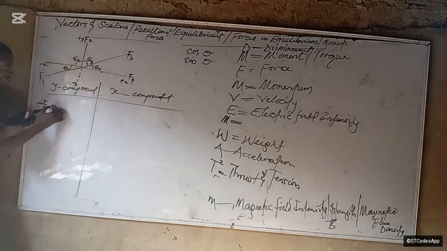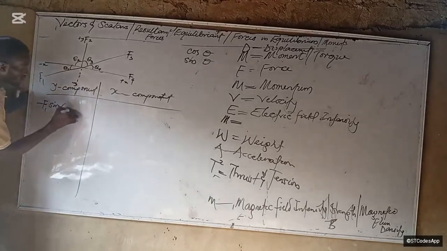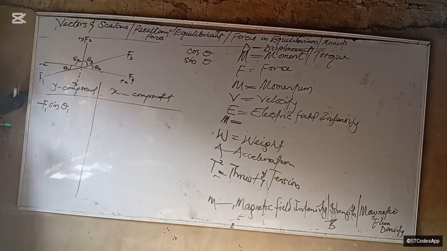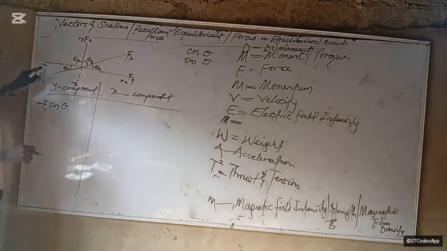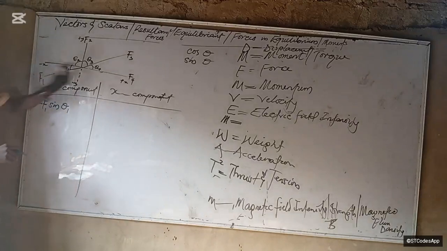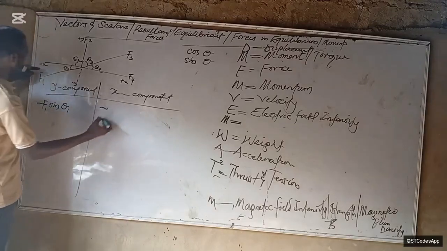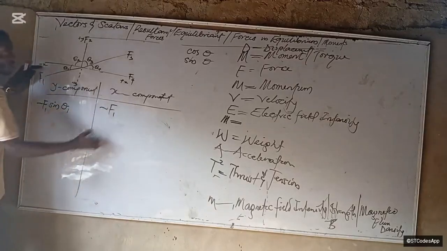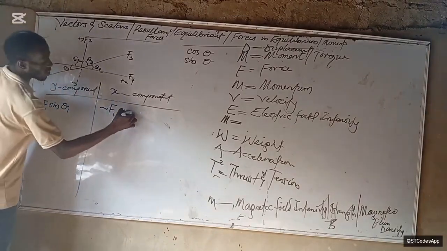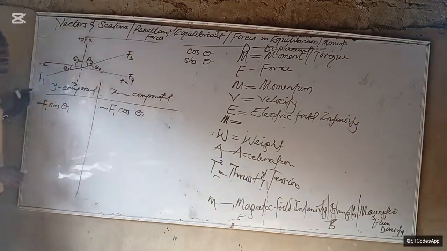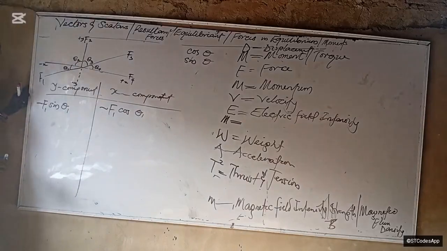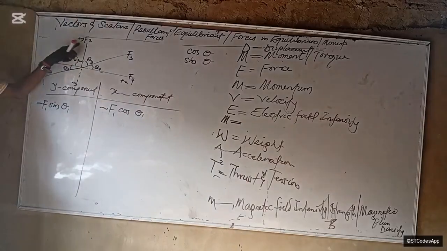So it will be minus F1 sine theta 1. Does that make sense? If you want to resolve this same F1 to the x component, it's minus again, because it's in this direction. Minus F1 cos theta 1. Is that clear?